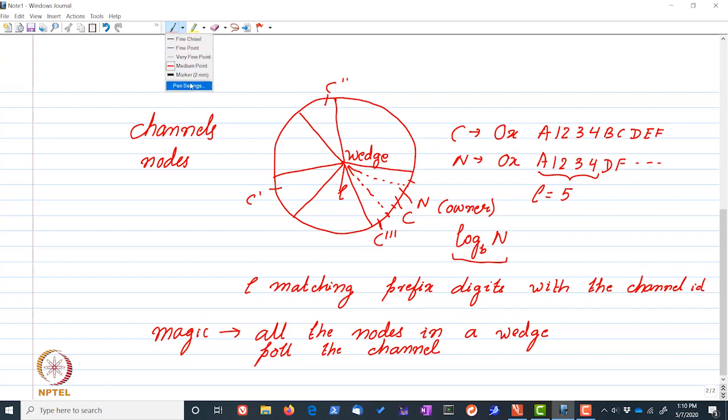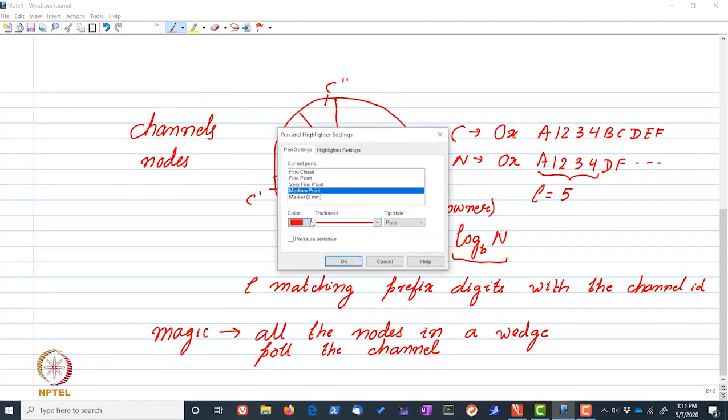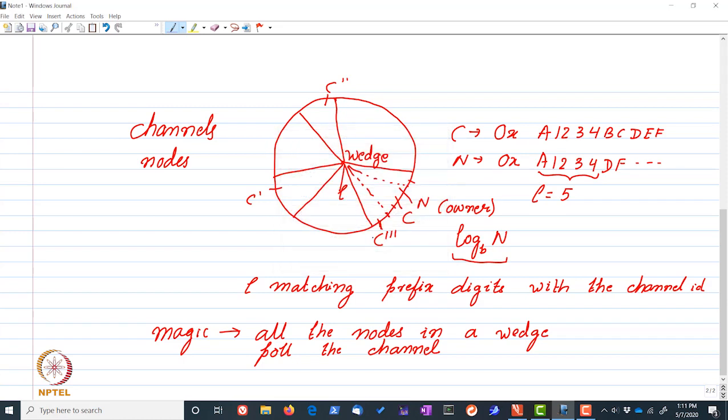Pen settings. Yeah, I can. So let's say there's another channel over here, which is this channel. Then essentially I can define a wedge for it, which would look something like this. So here kindly note that the two wedges are overlapping. So nodes in the overlapping wedges would actually poll for both.